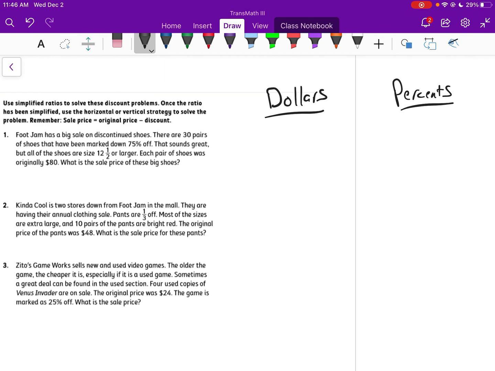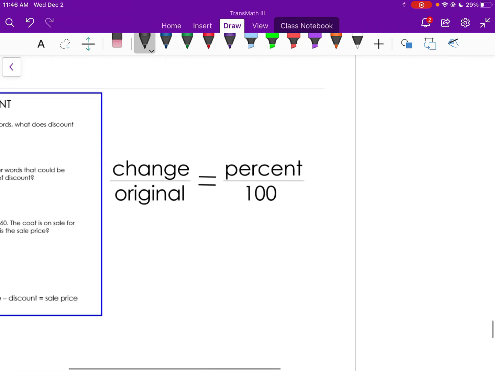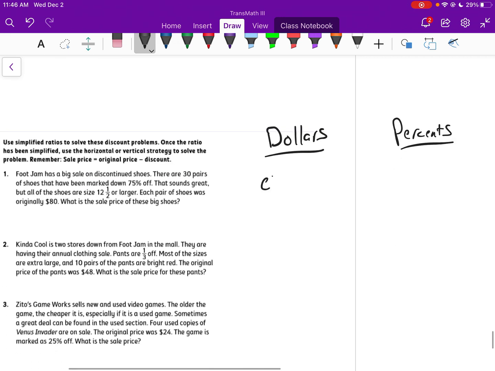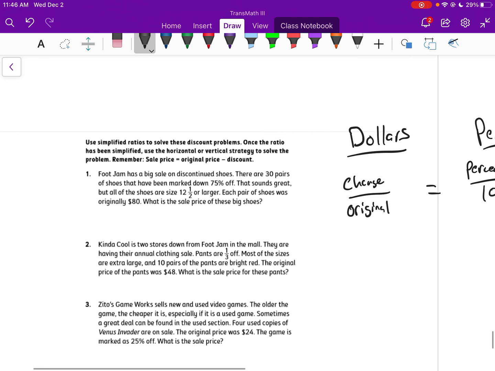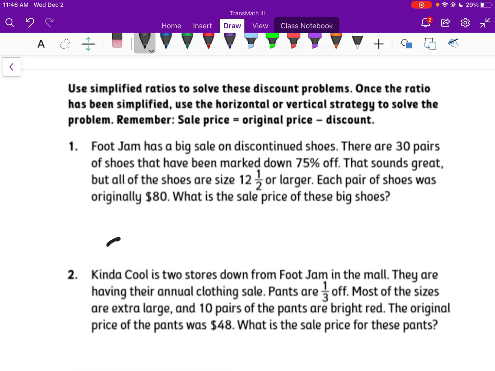It was always the change in dollars over the original price, and we set that equal to the percent off, or our discount, so our percent over 100, because a percent you can always write as a ratio over 100. In this case, the original price was $80. We don't know how much was off, but we know the percent off, which was 75 over 100.